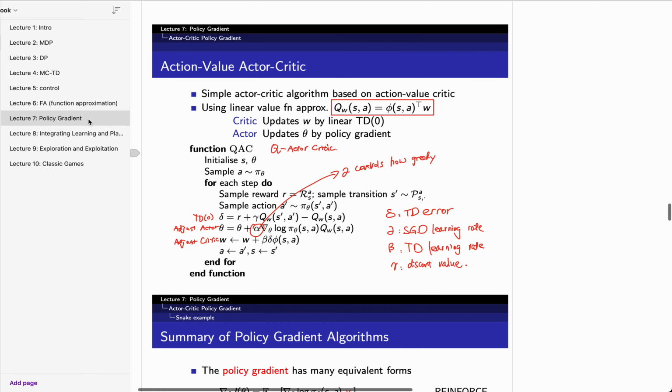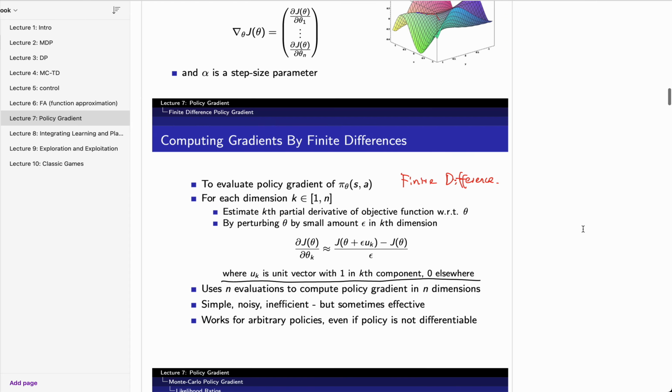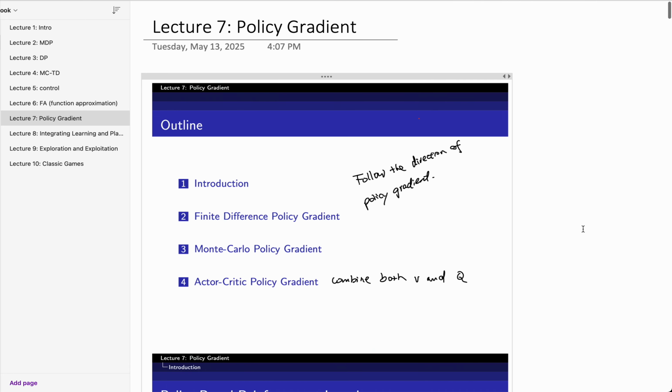And then lecture 7 will talk about parameterizing the policy directly and updating the policy directly using neural networks. You can also combine both V and Q, these two neural networks together, to become an actor-critic policy gradient.